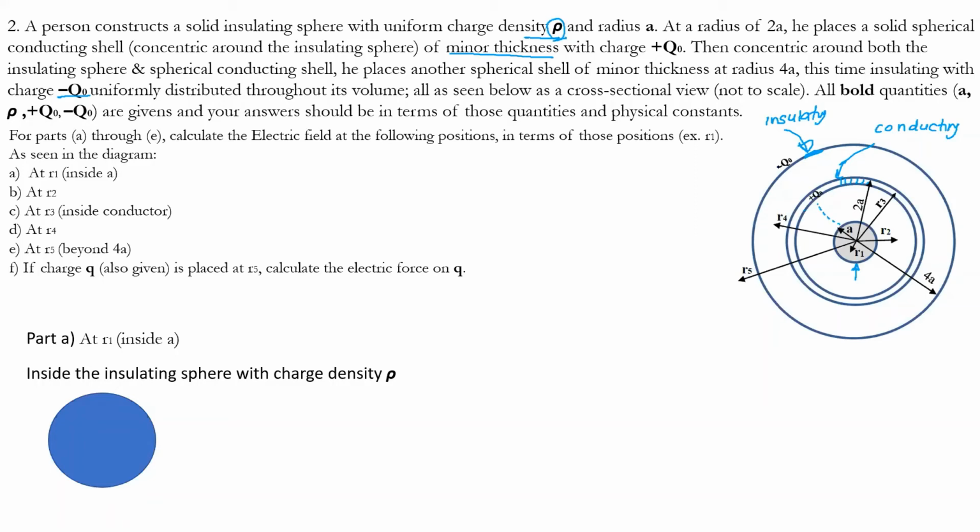So that's the question. In part A, they are asking to find the electric field inside your small sphere, right? So I'll use a different color.